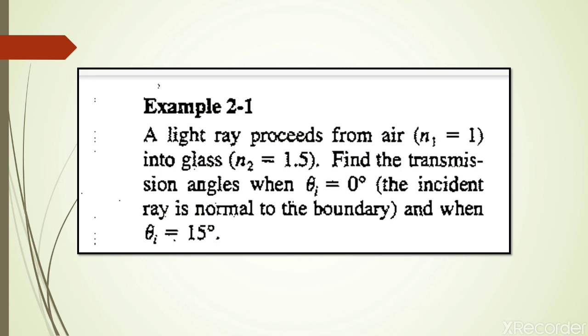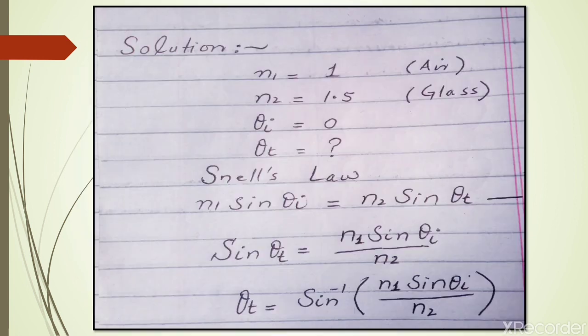There are two parts of example number 2.1. We need to find out the angle of transmission if the angle of incidence is 0. This is part 1. And we need to find out the angle of transmission if the angle of incidence is 15 degrees. So let us do this example number 2.1.